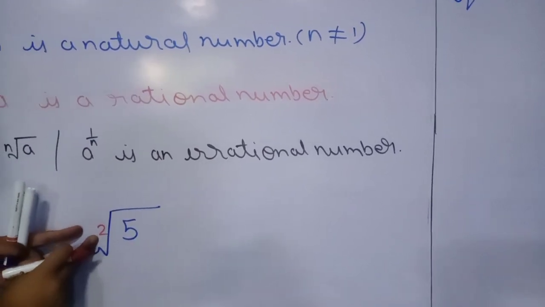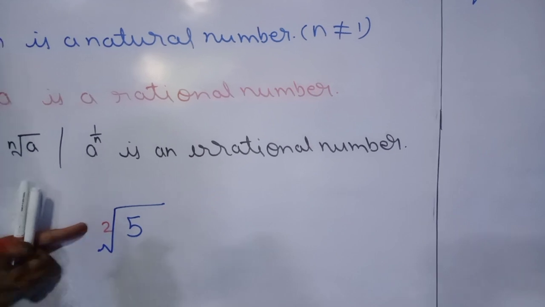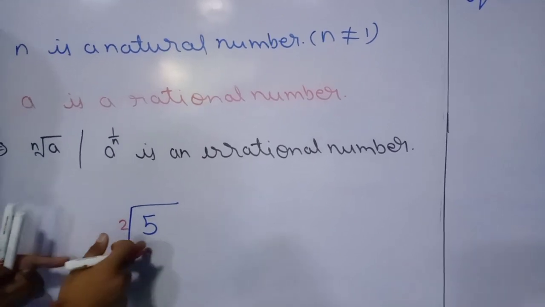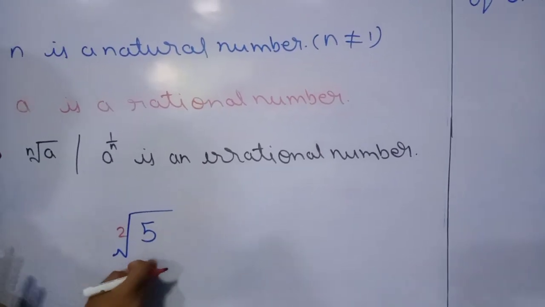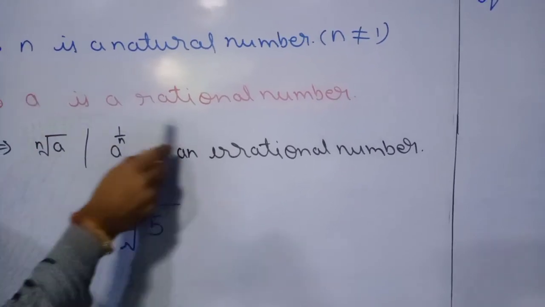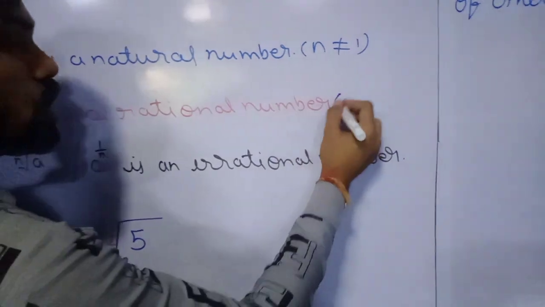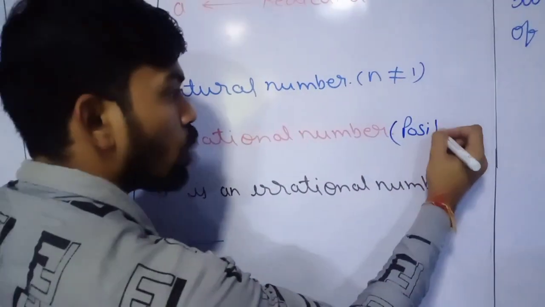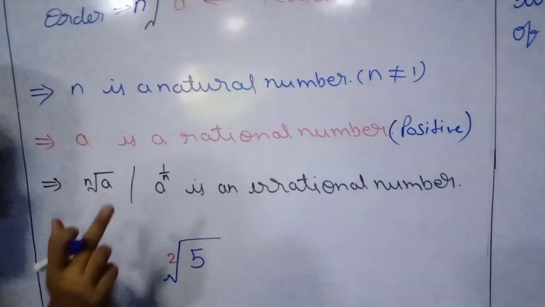The order 2 is already implied, which is not compulsory to show. And here we have the radicand 5. So radicand 5 is a positive rational number. That could not be negative.